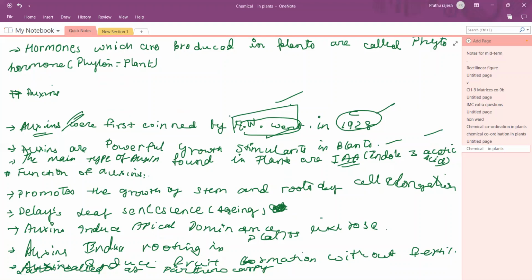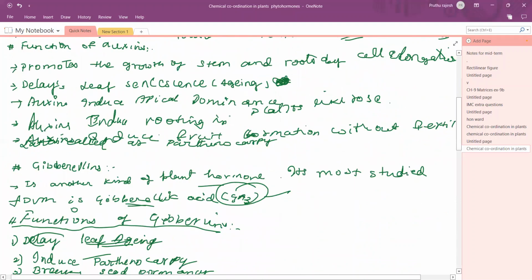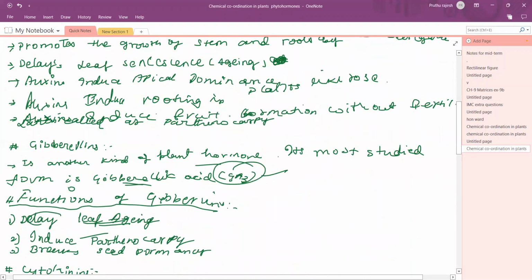Auxins help in the formation of roots in plants like rose. Auxins induce fruit formation without fertilization. This phenomenon is called parthenocarpy, and fruits which are formed due to parthenocarpy are called parthenocarpic fruits.